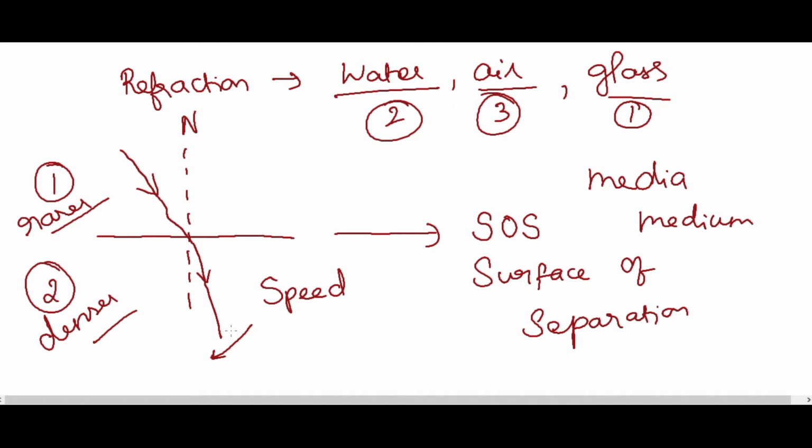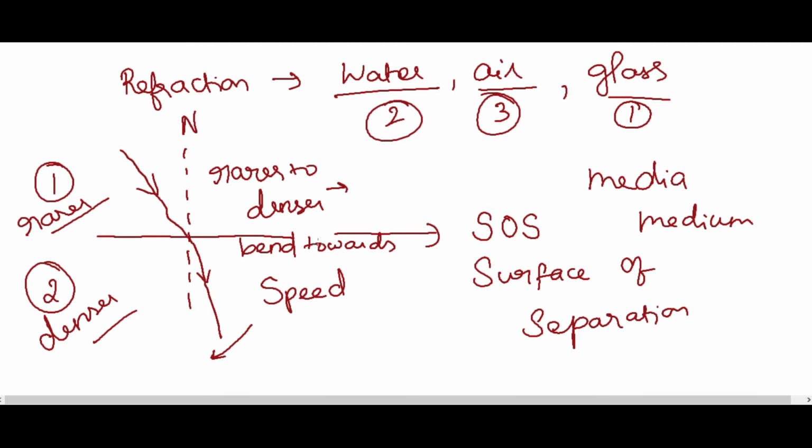That's the reason the light ray bends towards the normal. With respect to the speed of light only, it bends towards the normal. So the concept is: rarer to denser means the light ray will bend towards the normal. Just remember this story alone.